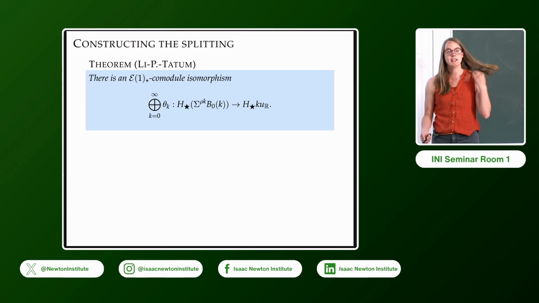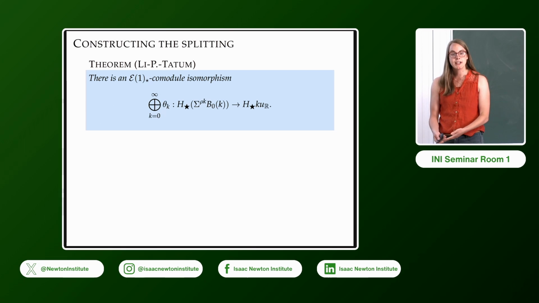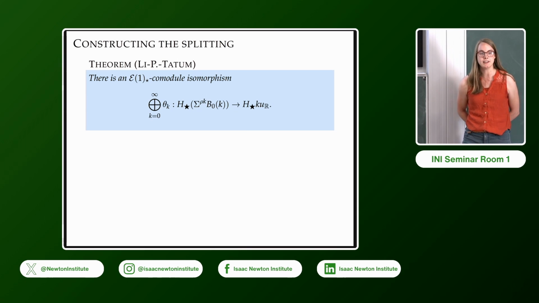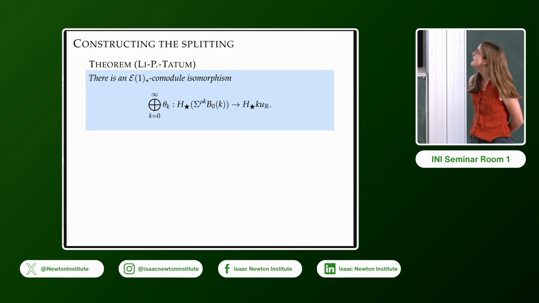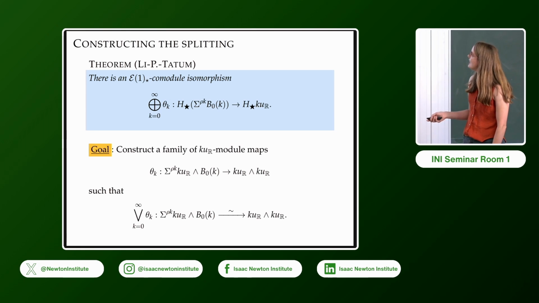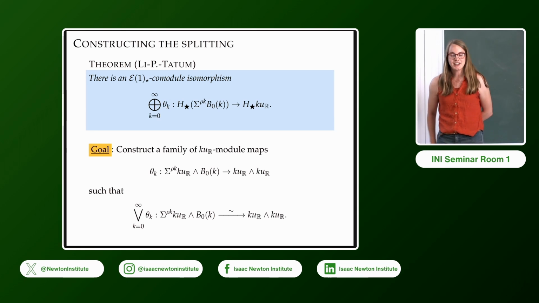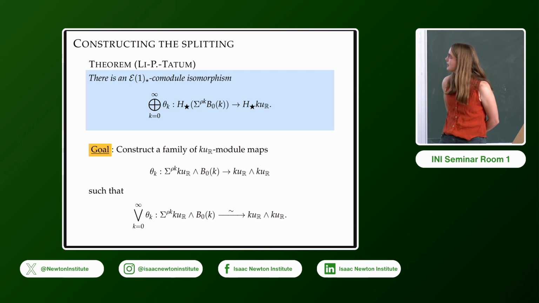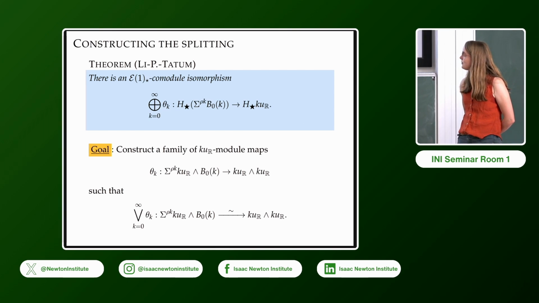And this splitting in homology goes very similarly to the non-equivariant splitting. One can write down a very explicit isomorphism. It's not very illuminating, so I won't show you that here. But it can be found both in our preprint and in work of Dominic Culver in the non-equivariant setting.